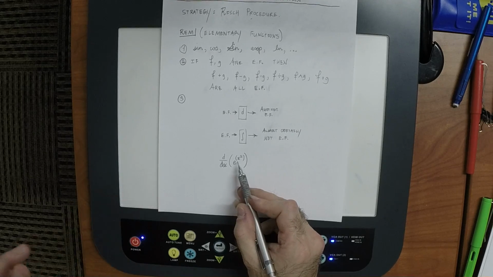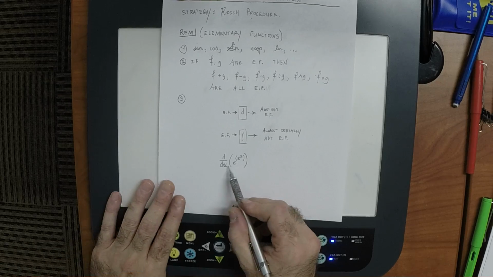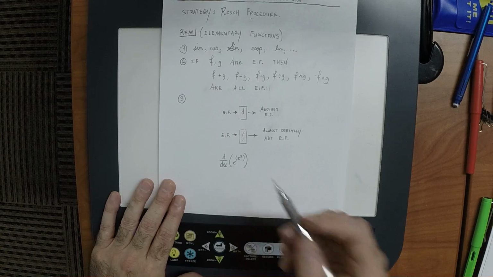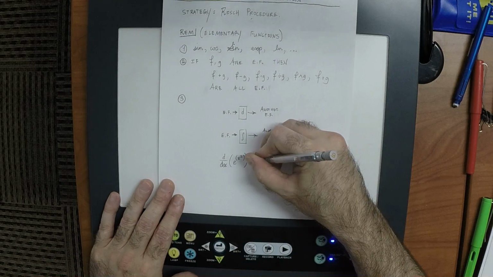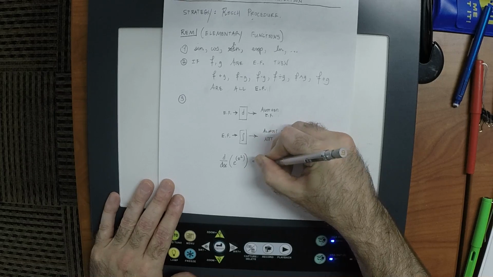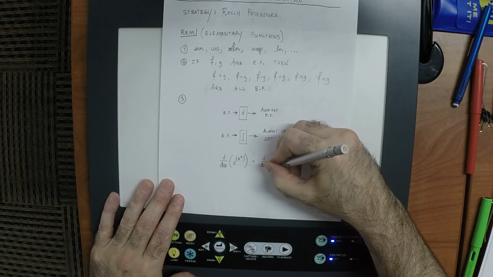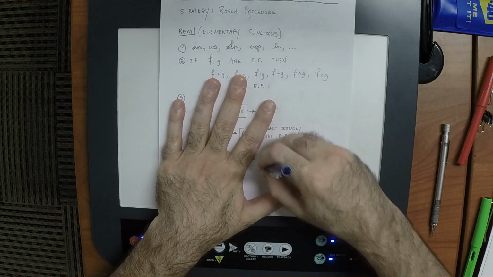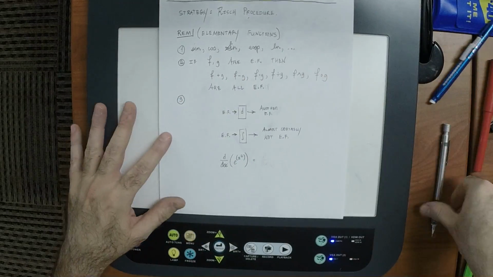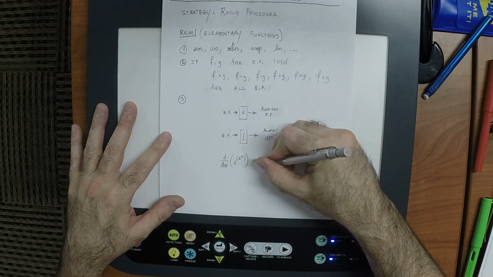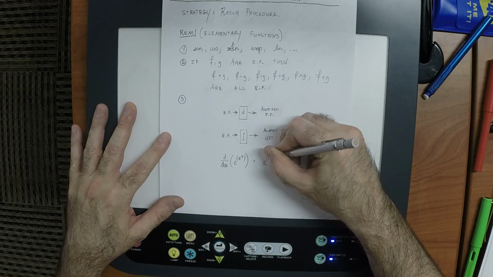So that's really a composition of two things, squaring and exponential. So what rule will we need to use? The chain rule. So according to the chain rule, this should be the exponential part, the outermost thing. So exponential of x squared.